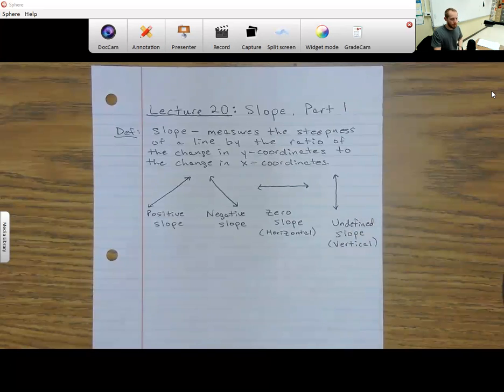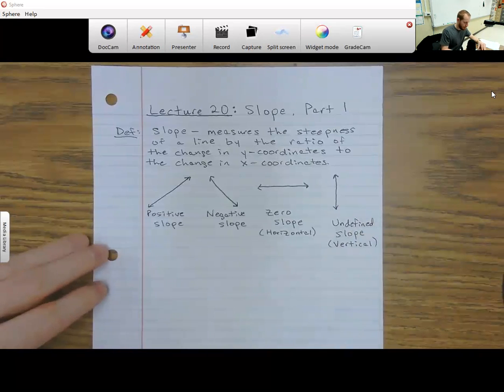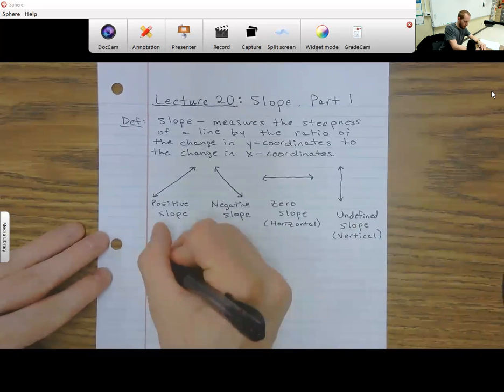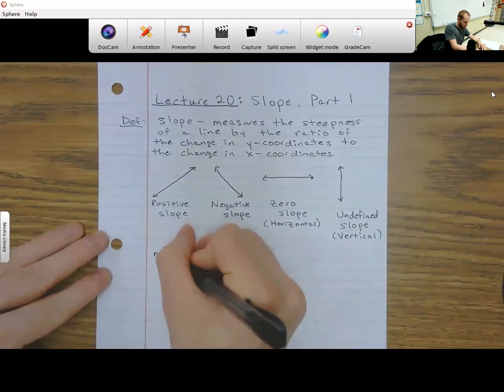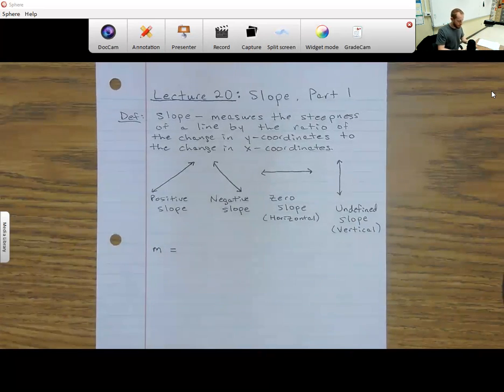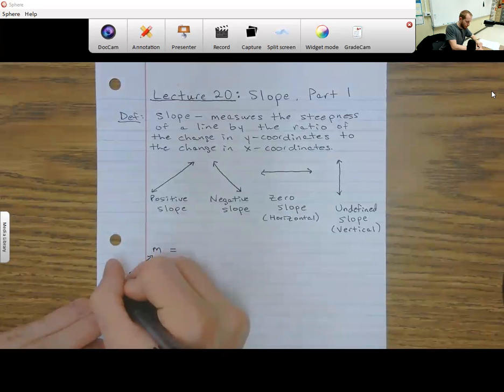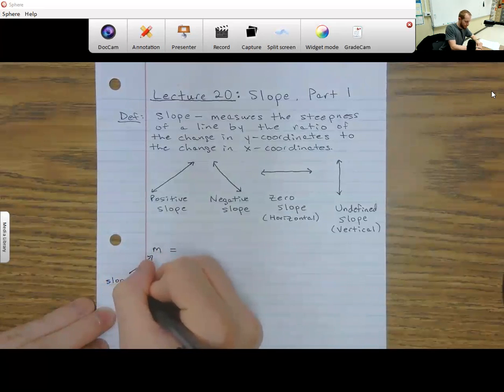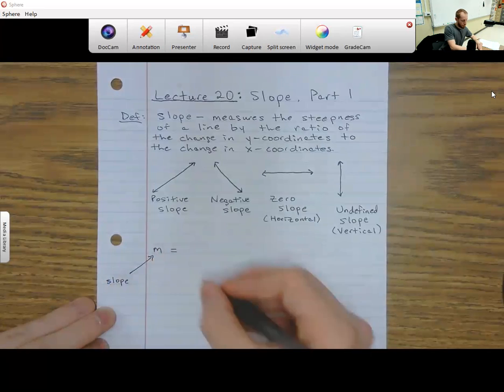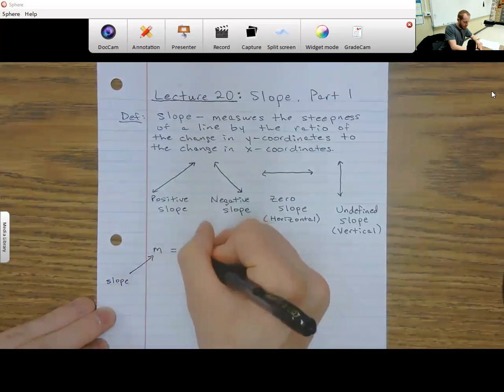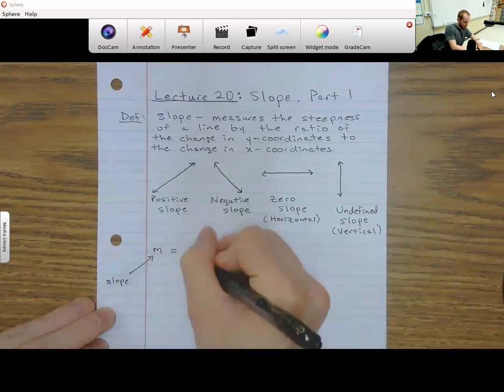Okay? So there's a way we can calculate this using a formula. And the formula is going to be m equals, and m is going to stand for slope. M is going to be equal to the change in y over the change in x.